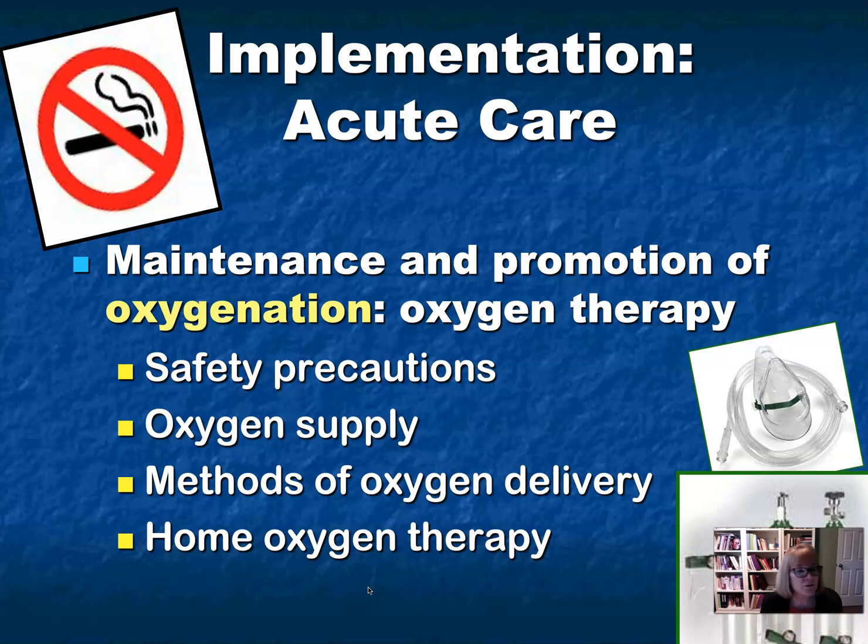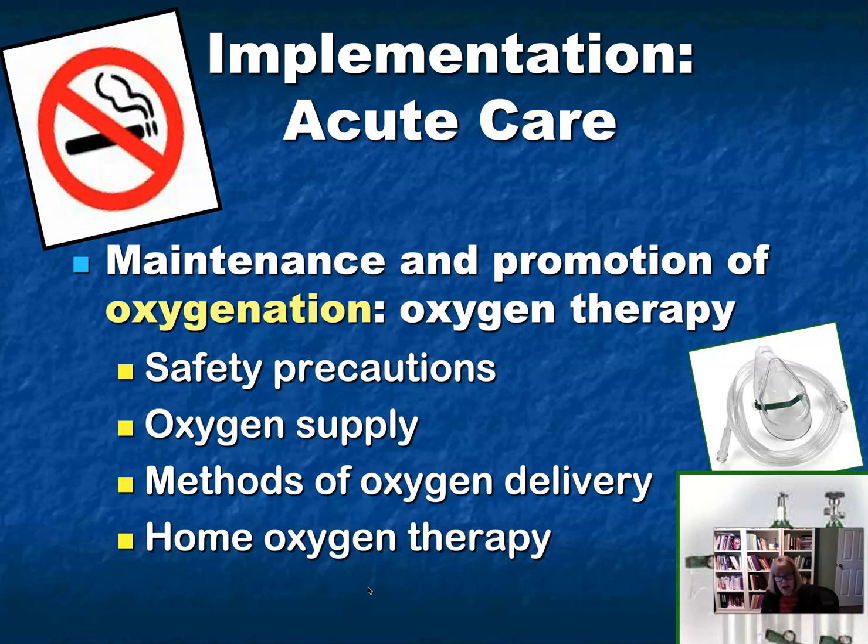I don't know if you can see well on this picture, but there's little holes on the side, so there's still a little mixing of room air with the simple face mask. Sometimes there's a big hole, kind of like that, on each side. So there's mixing that occurs. If someone needs to get 100% O2, they need to have a liter flow of 10 to 15 liters to get anywhere from 60 to 100%.